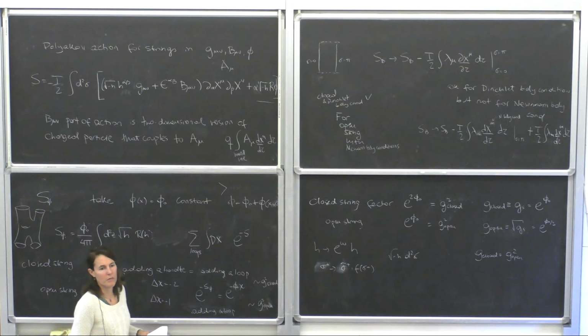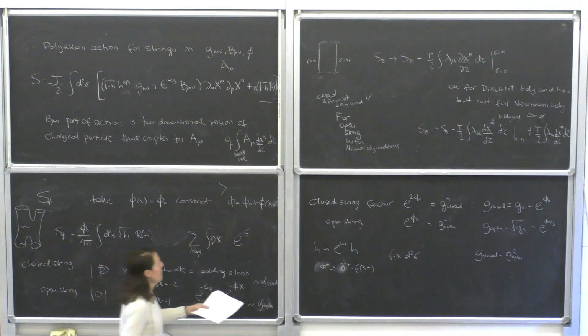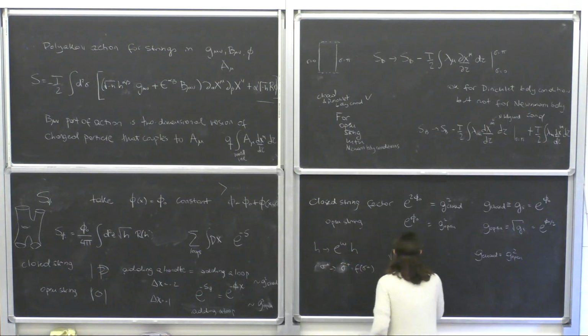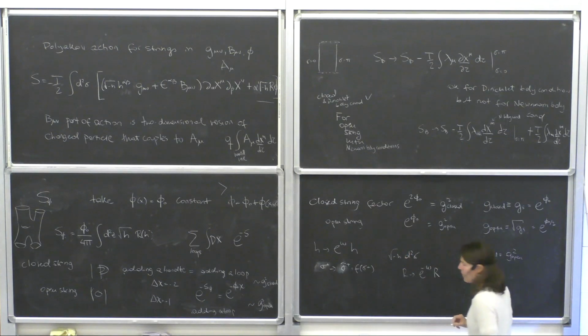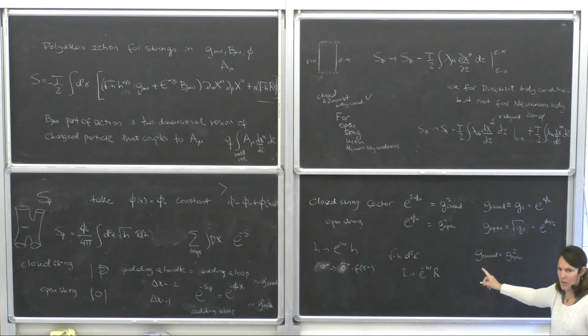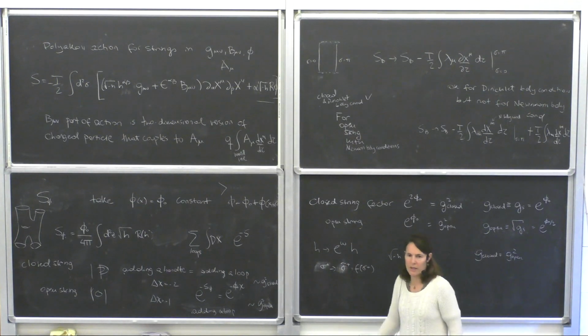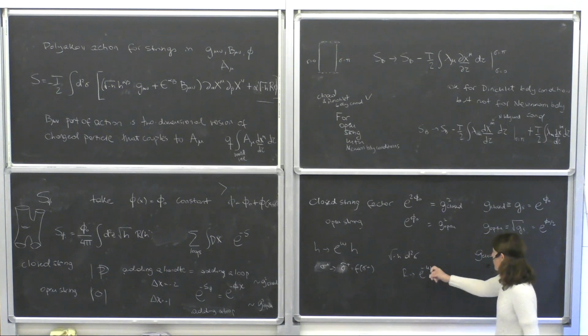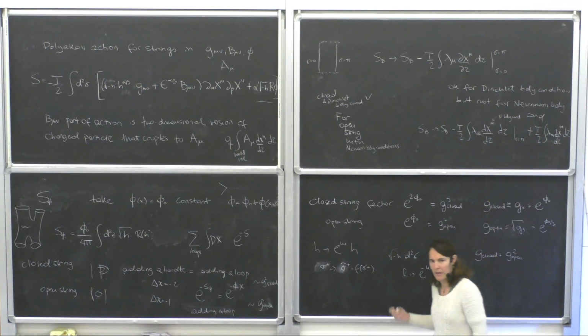Under diffeomorphisms, no, it doesn't give you a total derivative. So R goes to e to the minus omega R, and this depends on the dimensions. This is in 2 dimensions, if h goes to e to the omega h. In general, R goes to e to the minus omega, d over 2, I think, or something like that.